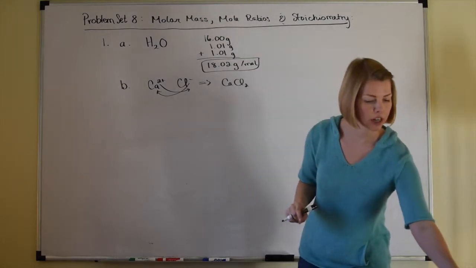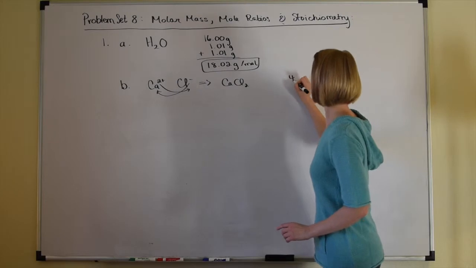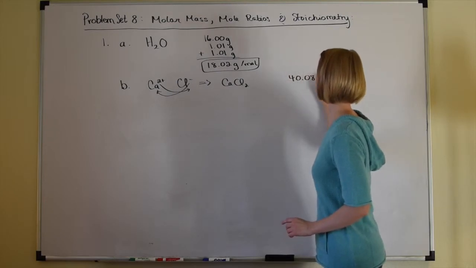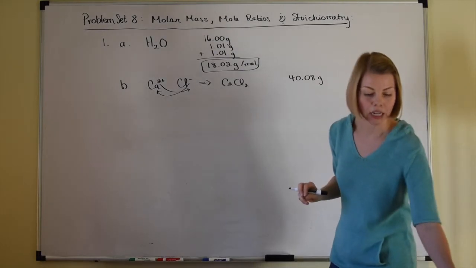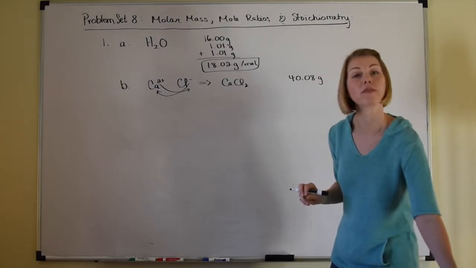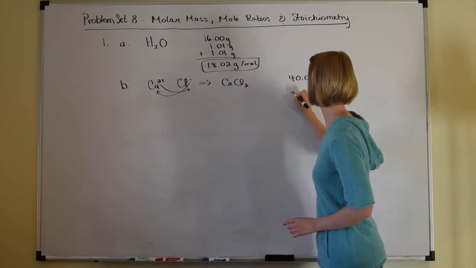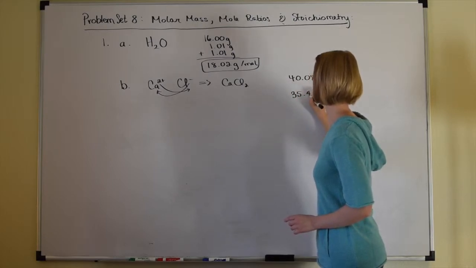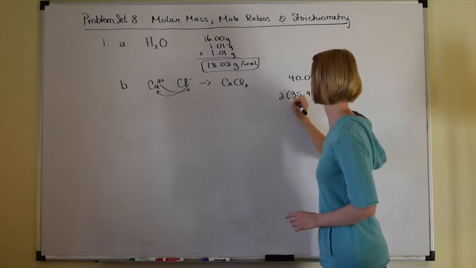Okay, so check your periodic table. Calcium is 40.08. 1 mole of calcium is 40.08 grams, and chlorine is 35.45, but it's times 2. So let's do it this way. 35.45 grams, that's times 2.